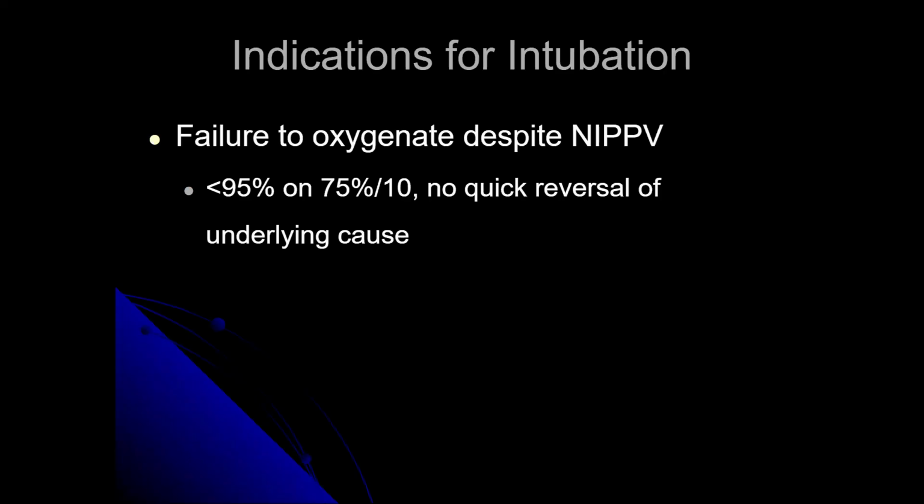Have I gotten away with it sometimes? Yes, but you always want to be intubating in the safest circumstance. Now, I'm sure at this point you guys have all seen this: a patient comes in at 68%, you put on non-invasive, start nitro, and this person's only satting 82%, and you think, I might have to intubate.